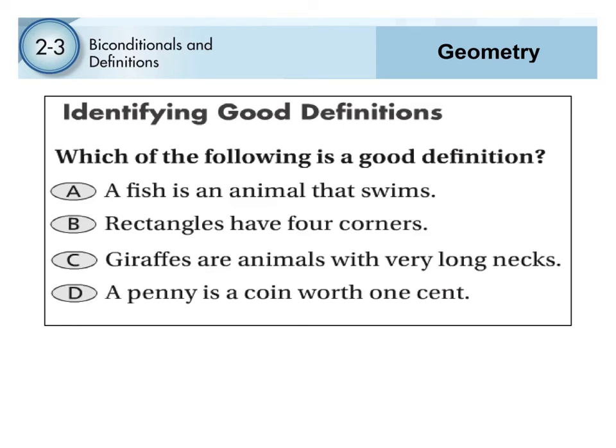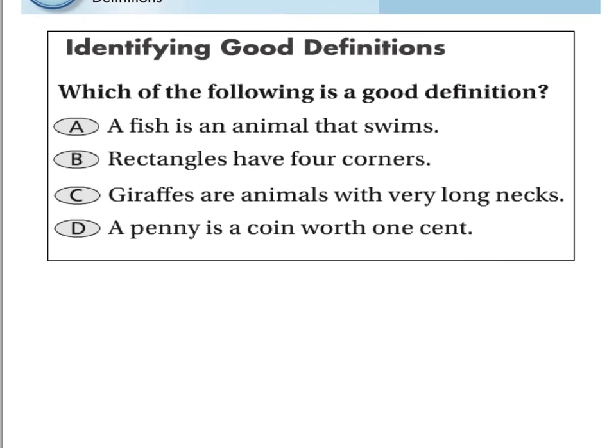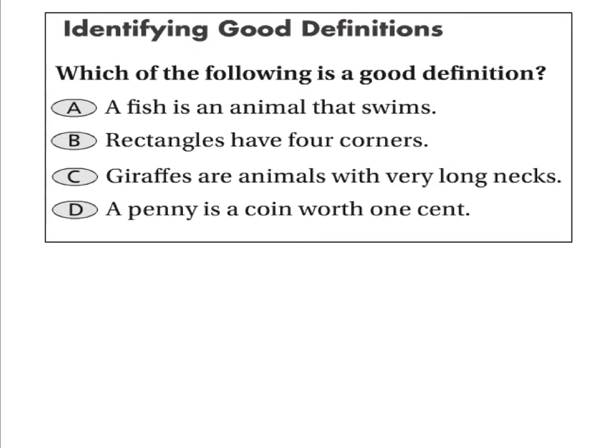Okay, last thing here that we're going to look at is determining if it's a good definition. Which of the following is a good definition? Remember, as we're looking for a good definition, we're looking for, is it reversible? Can I do it both ways? Okay, letter A says a fish is an animal that swims.